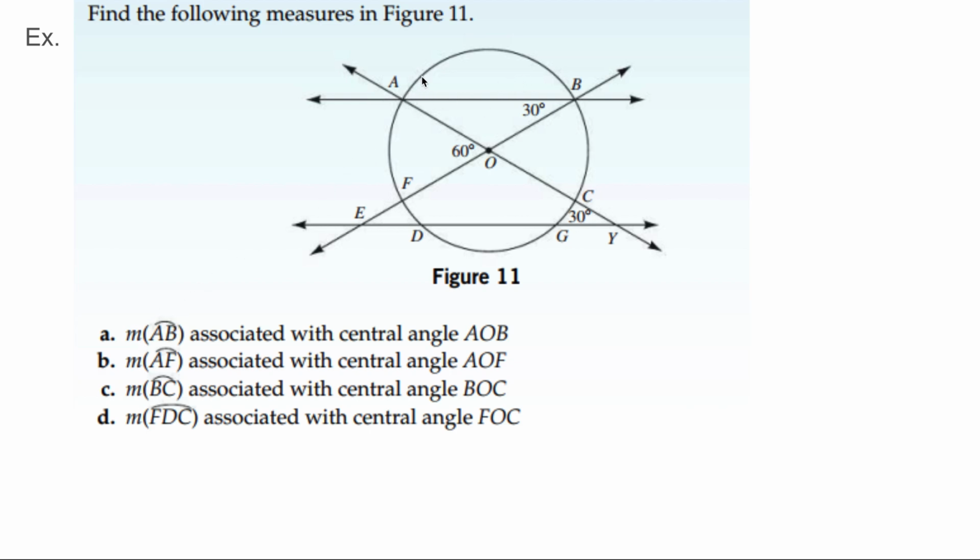So AB is here, arc AB should be this one, because major arc is on the other side, minor arc is this one. So measure of arc AB is the same as central angle here that contains that arc. So we are finding this angle.